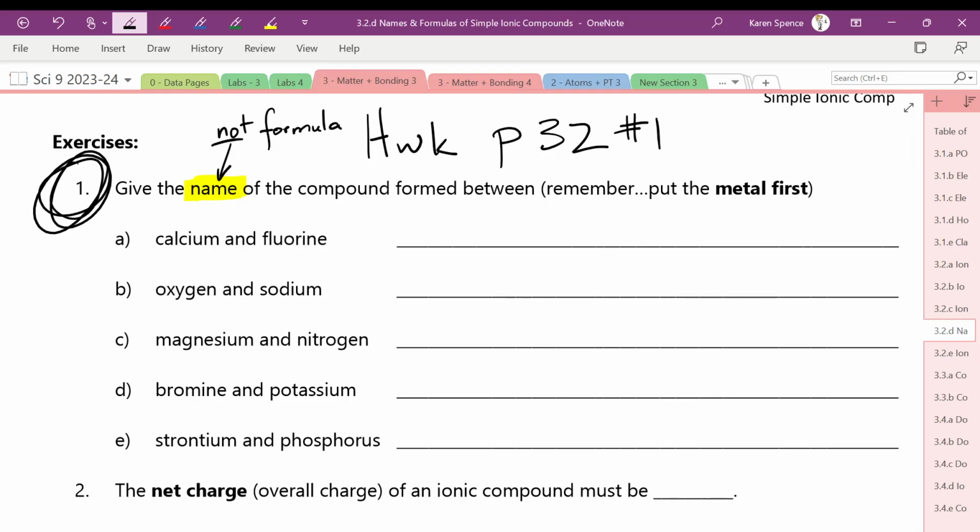We always change that because when a metal is involved, this one's going to be giving electrons to that one. So this one becomes positive, that one becomes negative. The positive ion always keeps its name, the metal always keeps its name. The non-metal, when it becomes negative, it becomes -ide.